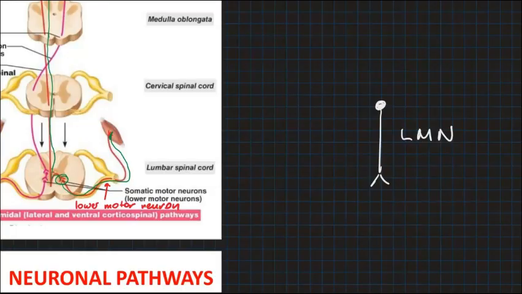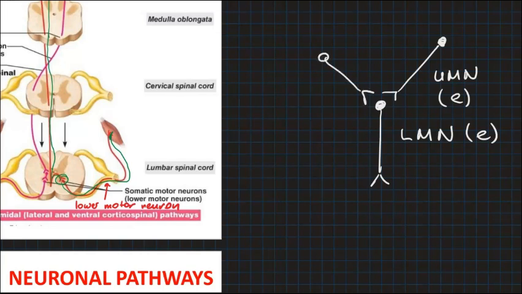Is it excitatory or inhibitory? Excitatory. Now, when will it fire? When the upper motor neuron, also excitatory, will stimulate it. But when will it not fire? When the upper motor neuron that's inhibitory will block it, right? So, fire, no fire.